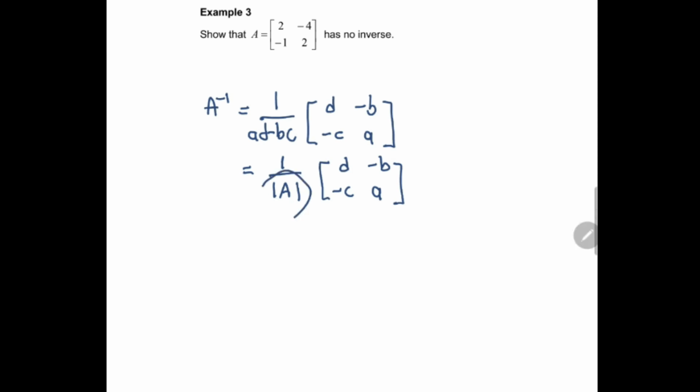It is when the value here is equal to 0, because 1 over 0 does not exist. So for this question, how do you show matrix A has no inverse? By proving that the determinant you get is 0. So there is no inverse for this matrix.